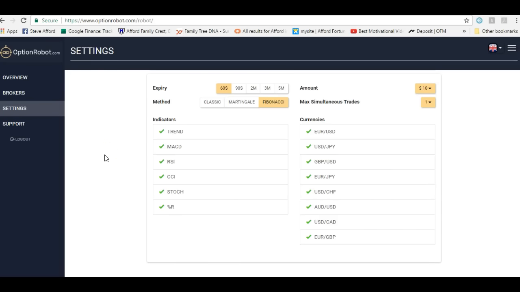That might take a bit of testing, but what I'm going to do is give you my own recommendations for settings. Preferably, now we're in settings, click all these off, and you only have these two indicators going, MACD and trend.